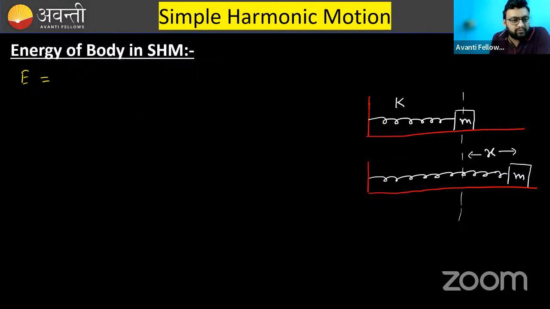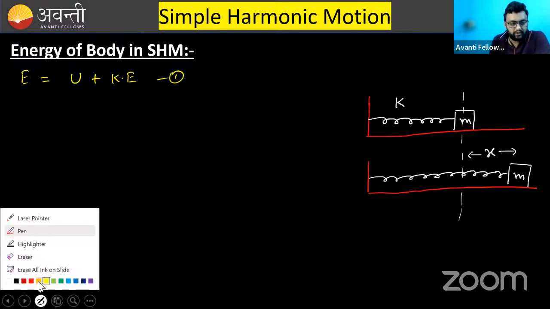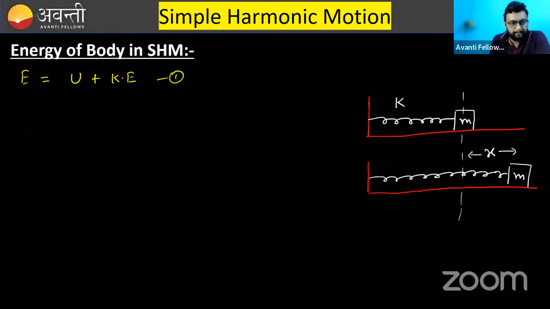So there will be two forms of energy, potential energy plus kinetic energy. Clear? So we will calculate potential energy and kinetic energy, put them here, and get total energy. Is it clear? Okay. So now, first of all, we will calculate potential energy.